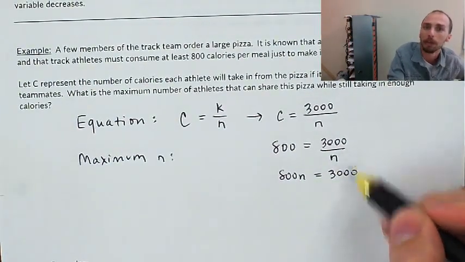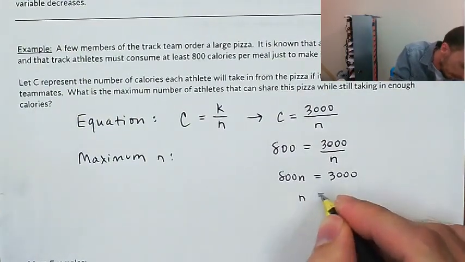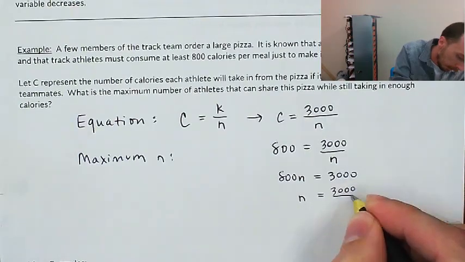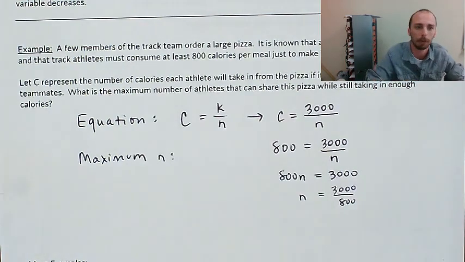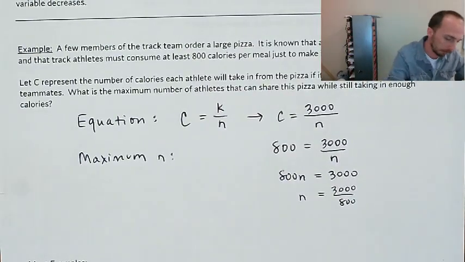I feel like 4,000 would have been a better number for this example, but it's okay. Gone too far now. And N is going to be 3,000 divided by 800, which is like 30 divided by 8, or 15 divided by 4, or... Okay, I'm giving in. I'm just going to grab a calculator. Yeah, it's 3.75. I was on my way there.